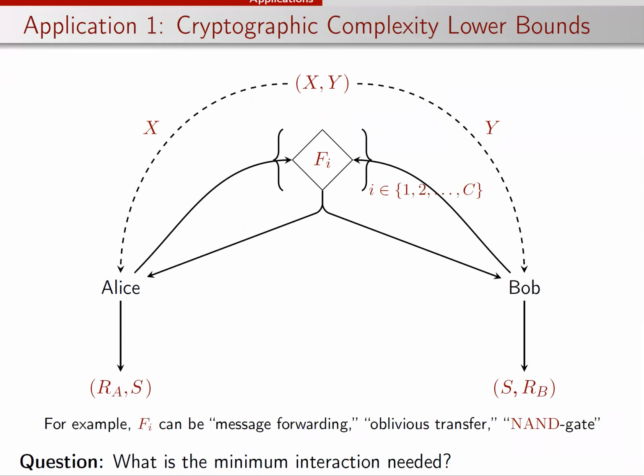Or you can think about it as any arbitrary functionality. And here you can make multiple calls to this functionality and get the outputs. So for example, the functionality can be oblivious transfer or the NAND gate, which we know are sufficient for general secure computations.